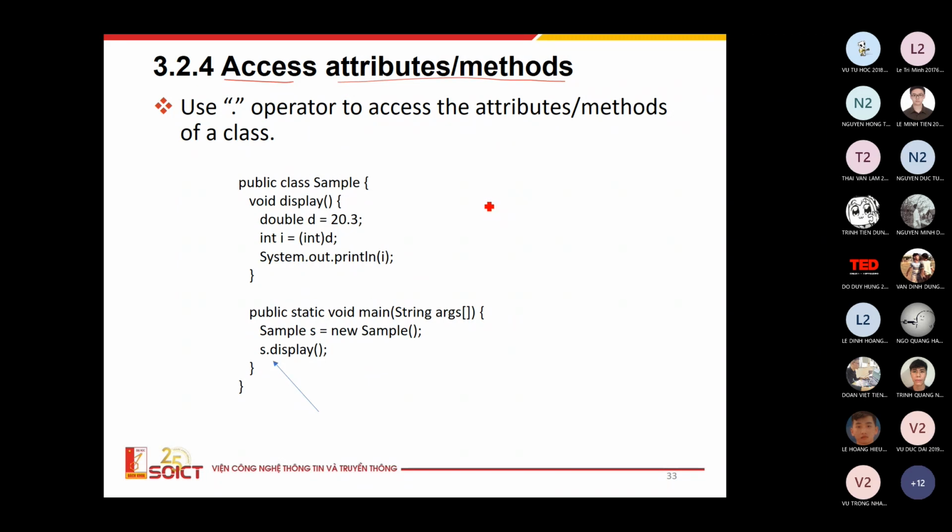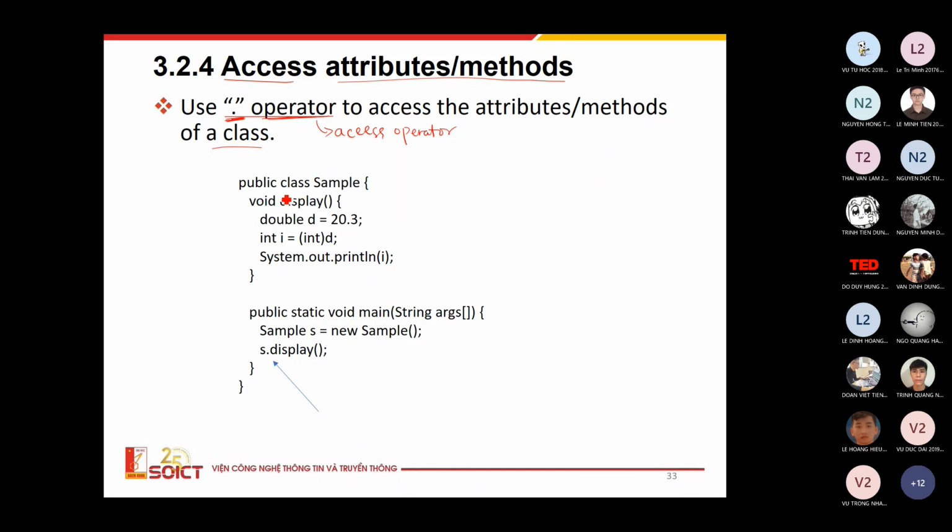This is a little early to say about it, but maybe you can see in the example, so we have to present it at this slide, that you can use the point operator, or you can call it the access operator. Yeah, you can use this to access the attribute and the method of a class.